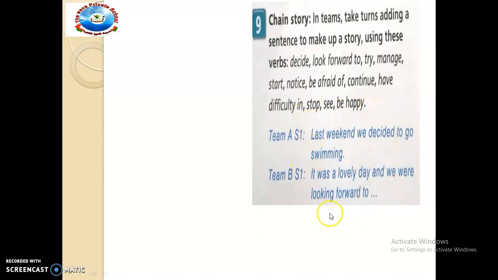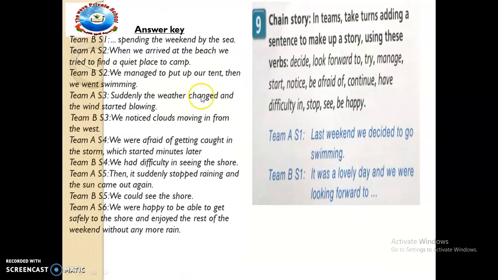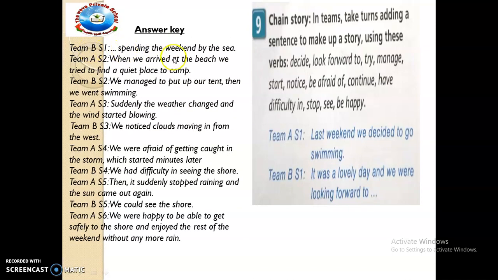Now the sentence has been started. Team A, student 1, and Team B, student 1. So student 1 in Team A says, last weekend we decided to go swimming. And B adds that it was a lovely day and we were looking forward to spending the weekend by the sea. And Team A, student 2 continues, then Team B, student 2, just in that order.